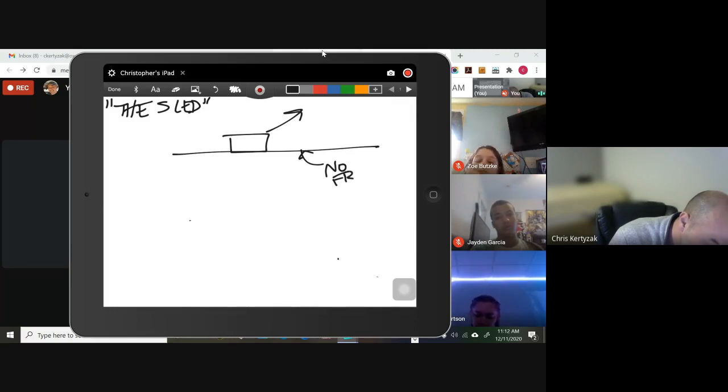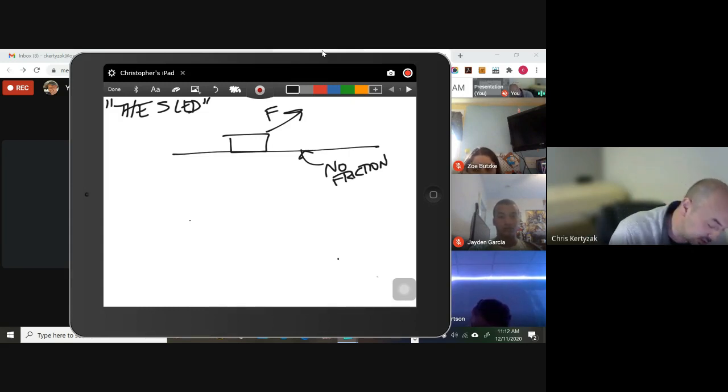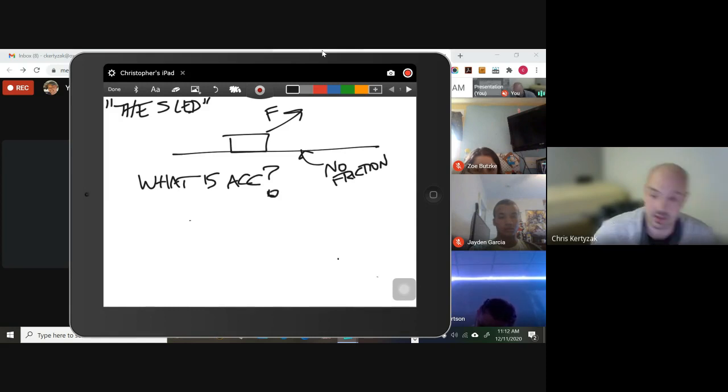No friction. Yeah, I'll say no friction. This is F. If someone says, what is the acceleration? What is an expression for the acceleration? Knowing that this is theta.